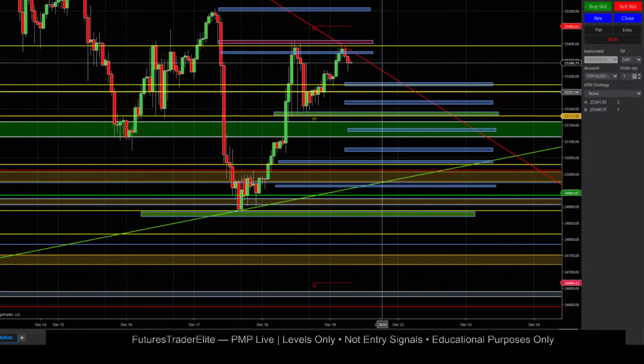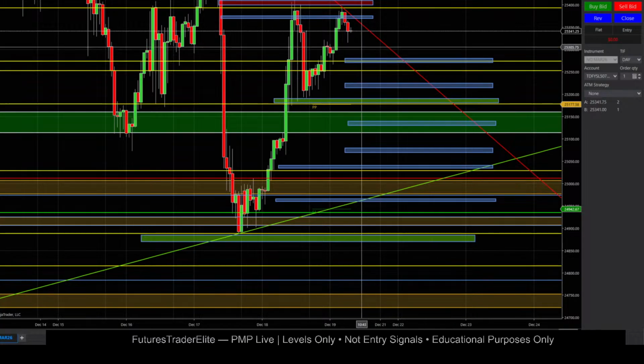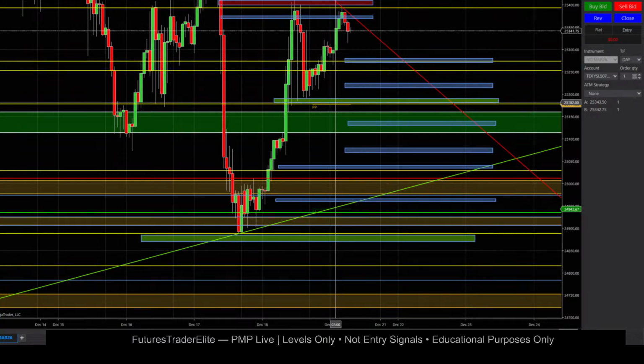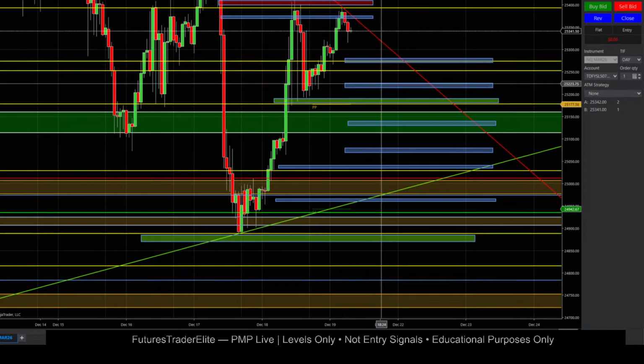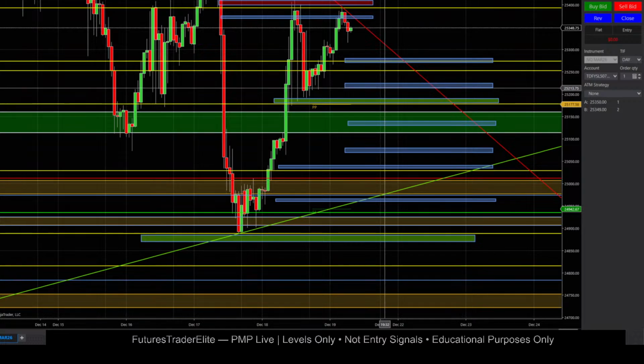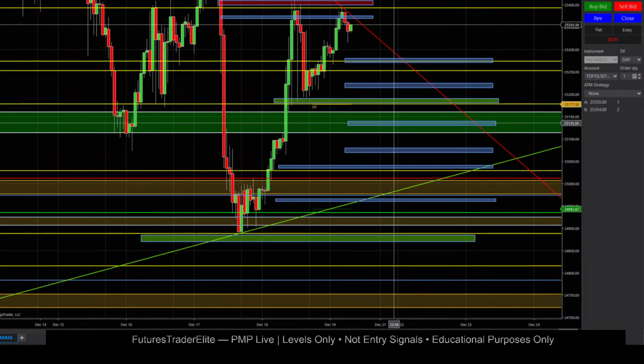I got some precision entry zones already drawn on this morning in pre-market, as far as some bouncing areas. This first one up here is 280 to 270. I got one here at 225 to 215. Then we have one here at 190 to 180.